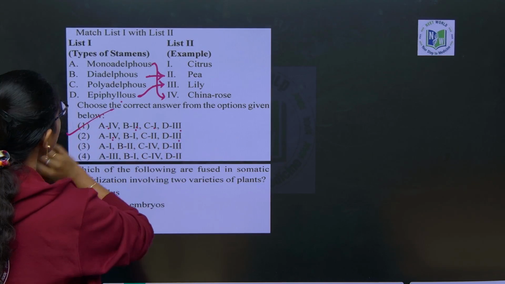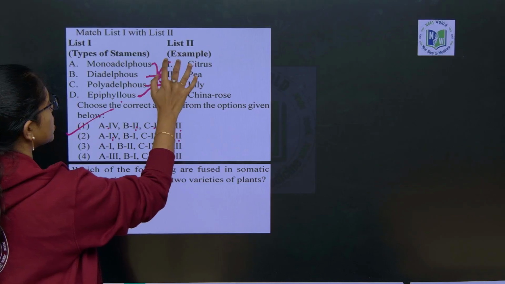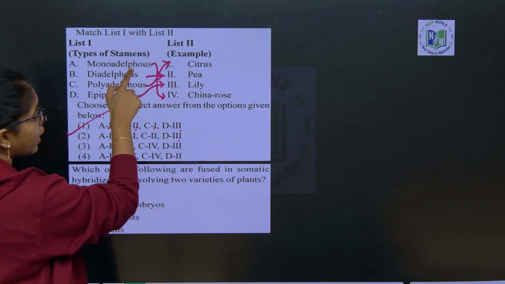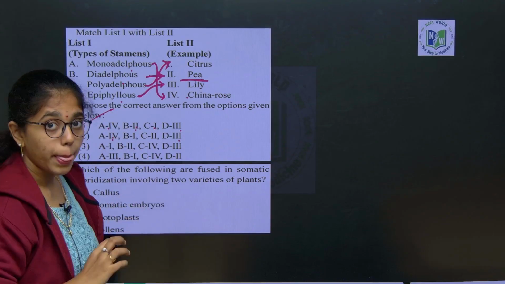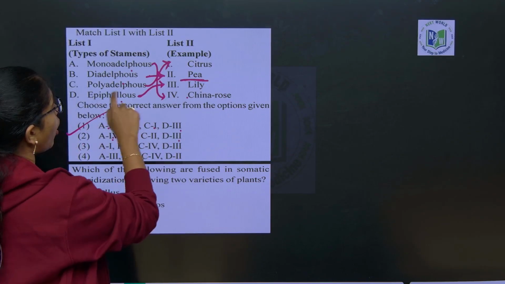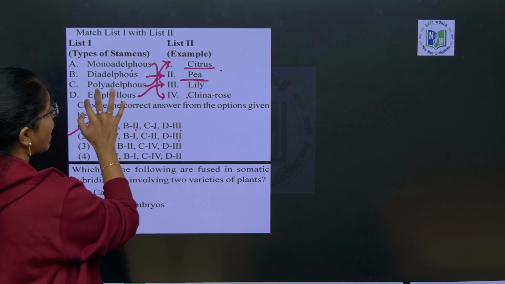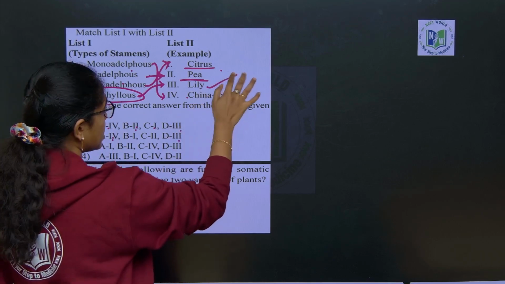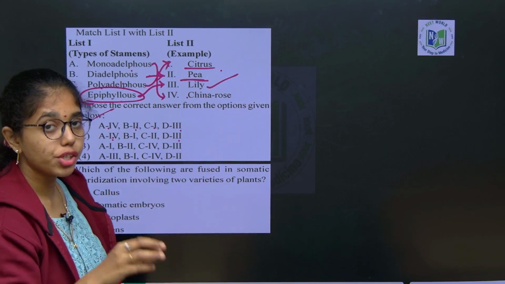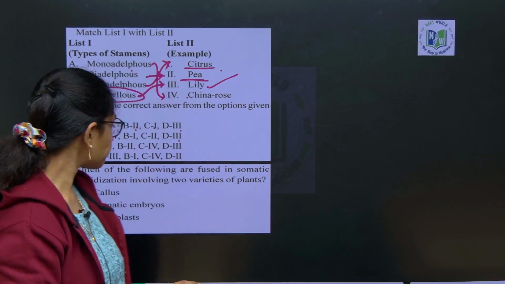Option 1. Polyadelphous is in citrus. So monadelphous China rose, diadelphous is seen in Fabaceae, the best example is pea. Polyadelphous citrus. Epiphyllous condition you observe in Liliaceae family, example is lily. Epipetalous condition you observe in Solanaceae.